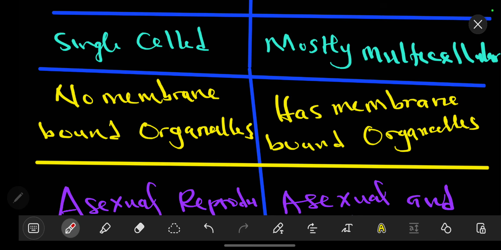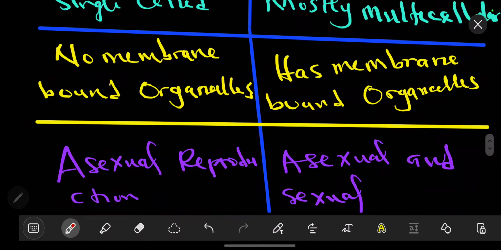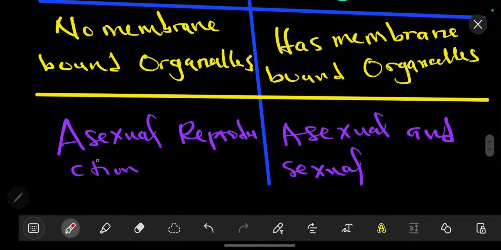Examples are the mitochondria, chloroplast, and the nucleus. The other thing is that the prokaryotes mostly reproduce asexually, while the eukaryotes undergo both asexual and sexual reproduction.